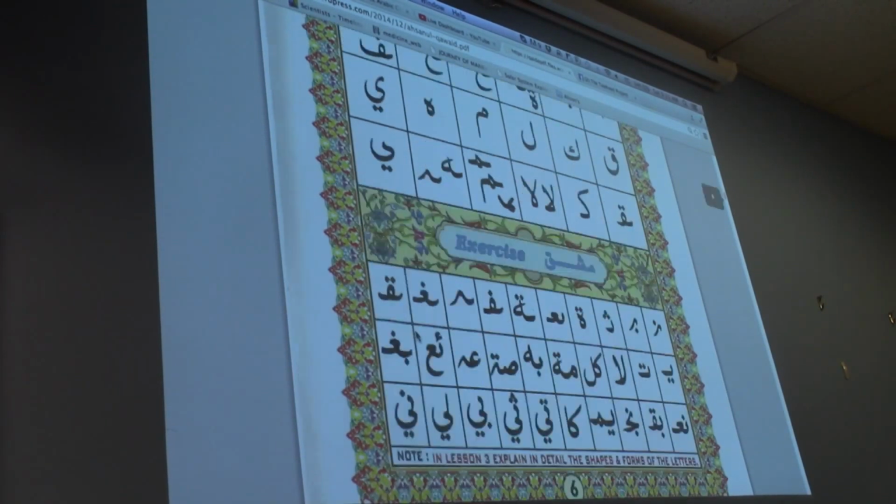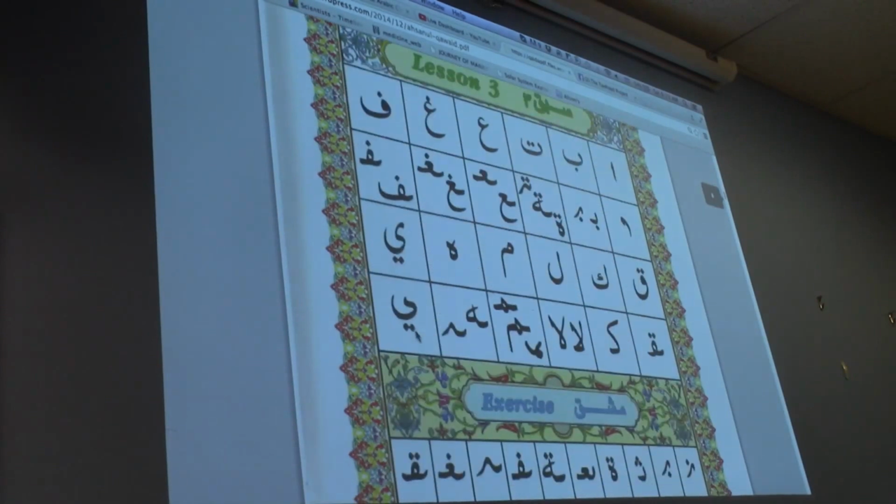Alright. So take a minute or two to actually study this right now. Just take a look at it and try to memorize it, inshallah.